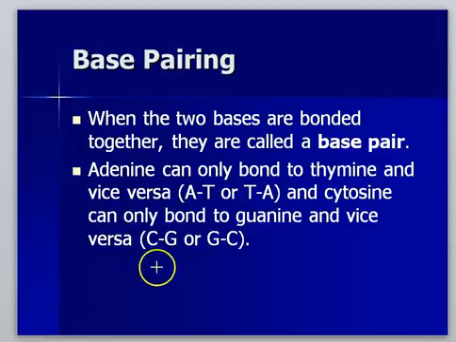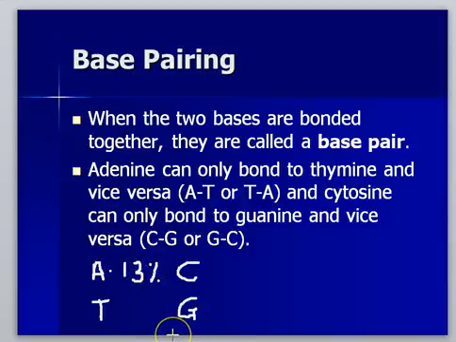So something that we could do is, let's say we were doing a DNA sample and we wanted to figure out what the percentage was of the different nucleotides. So if we have A's and T's and C's and G's, and let's say they told us in this analysis that 13% of our DNA sample was made up of adenines.